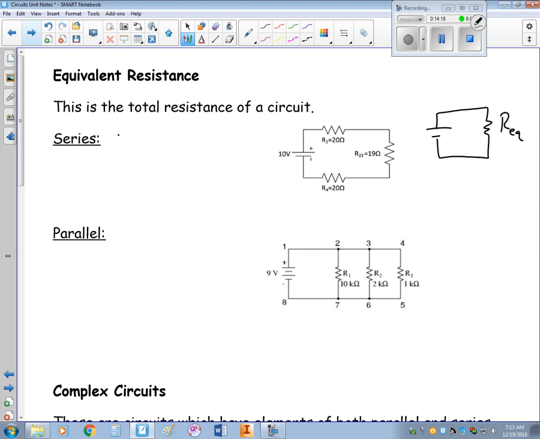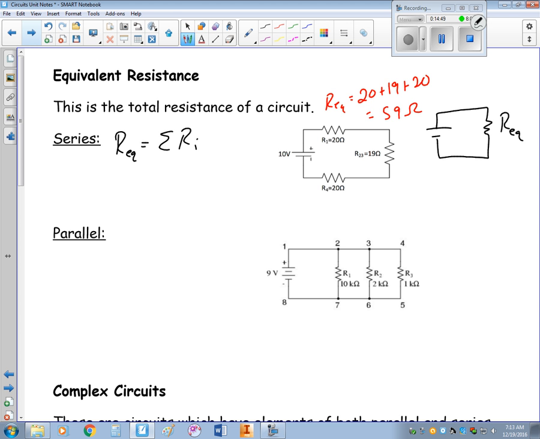For series, the equivalent resistance equals the sum of all the individual resistors. So for this example right here, the equivalent resistance would equal 20 plus 19 plus 20, which is 59 ohms. So if I could find a 59 ohm resistor, it would be the same as that circuit.